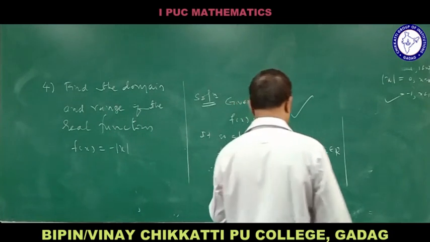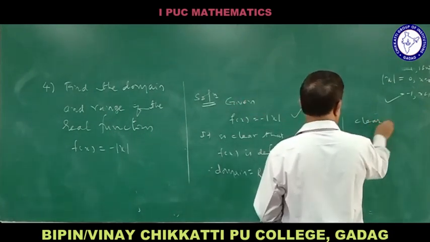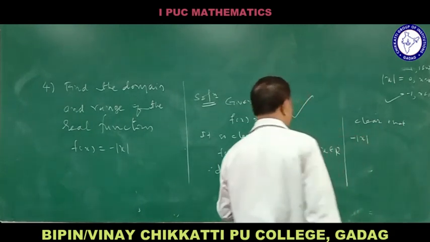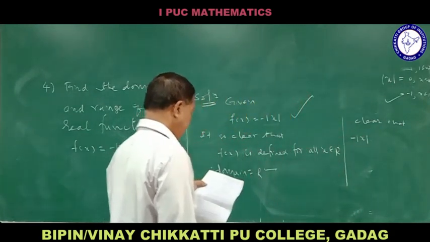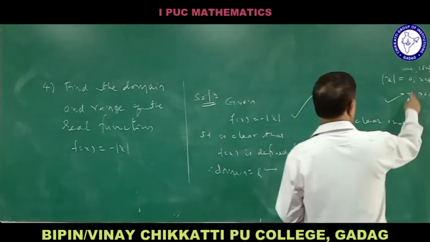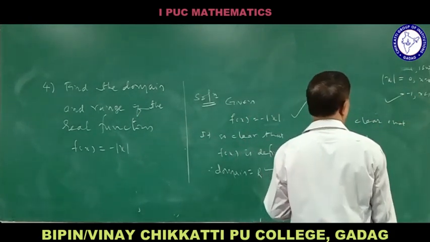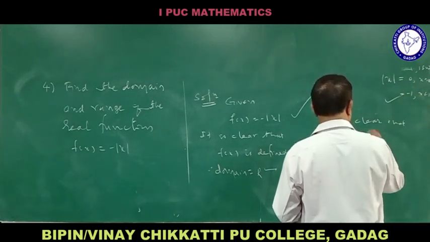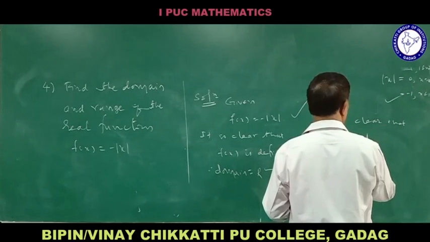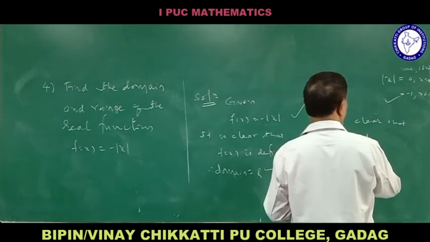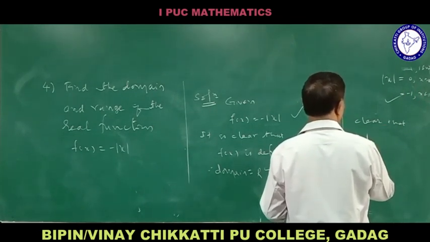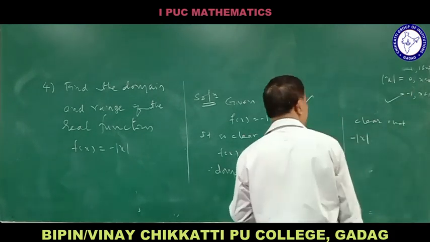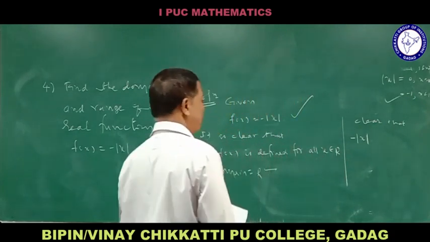Now here you have to see that minus of modulus of x is the value of f of x we have to discuss. The possibilities: when modulus of x is 0, you will get 0. And if x is equal to minus 1, again you will get minus 1, a negative value.